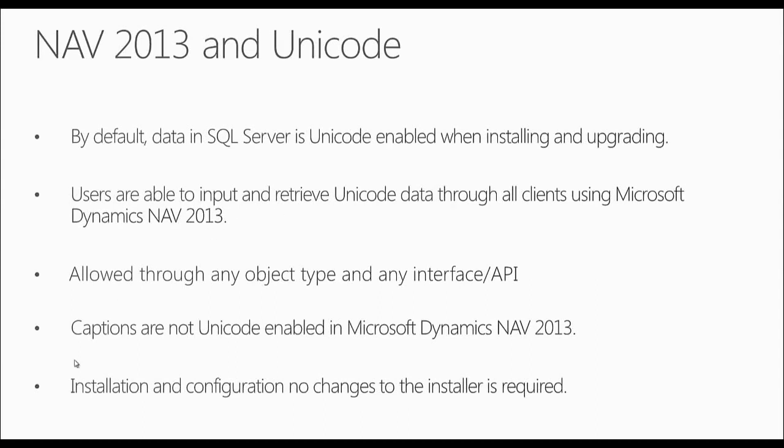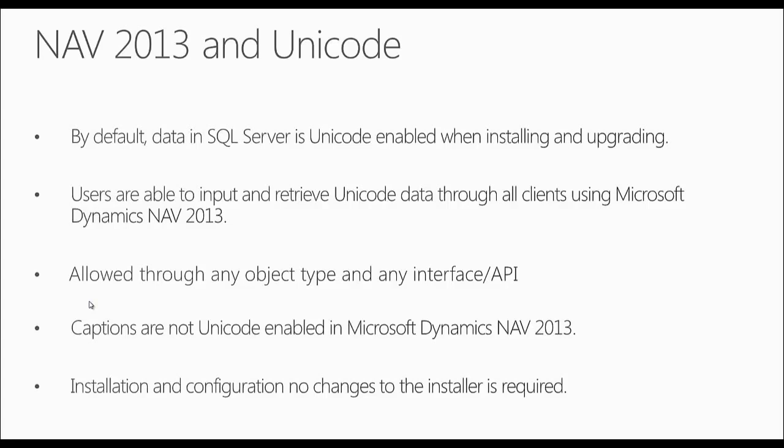NAV 2013 and Unicode: how NAV 2013 works and how it is enabled for the Unicode feature. By default, data in SQL Server is Unicode enabled when SQL Server is installed or upgraded. Users are able to input and retrieve Unicode data through all clients using Microsoft Dynamics NAV 2013.